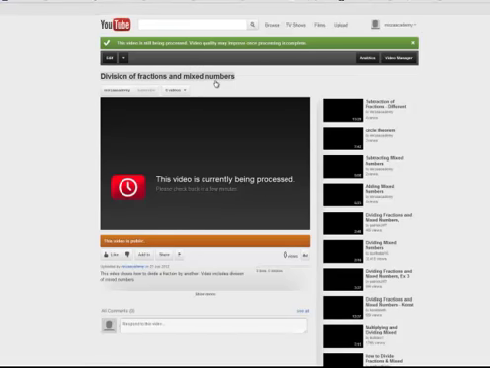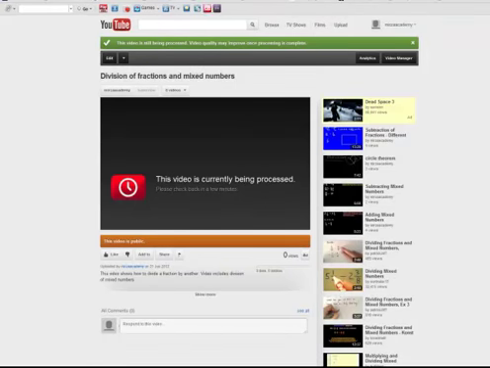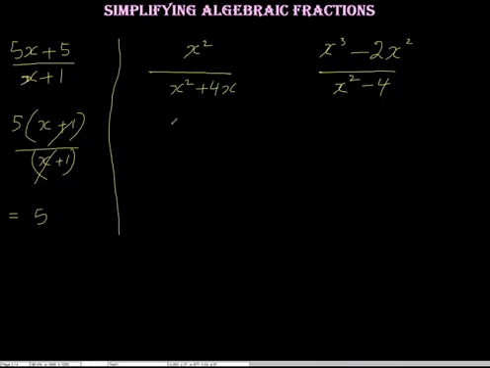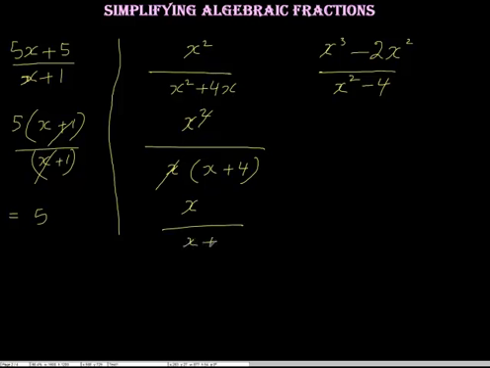There's nothing I can do about the top number, so I'm going to put x squared down as it is, and I can factorize the bottom. x is a common factor, which will leave me with x plus 4. Now this x can be cancelled out with this x squared. x squared has got two factors, x and x, so that x goes with that, which leaves me with x over x plus 4.